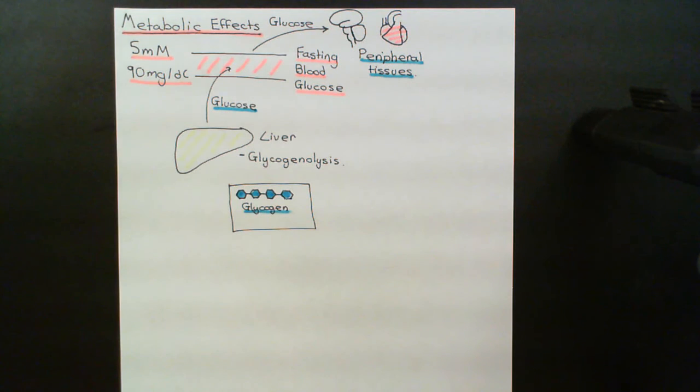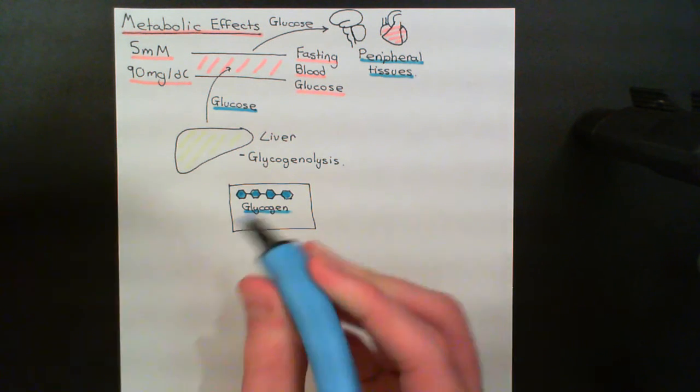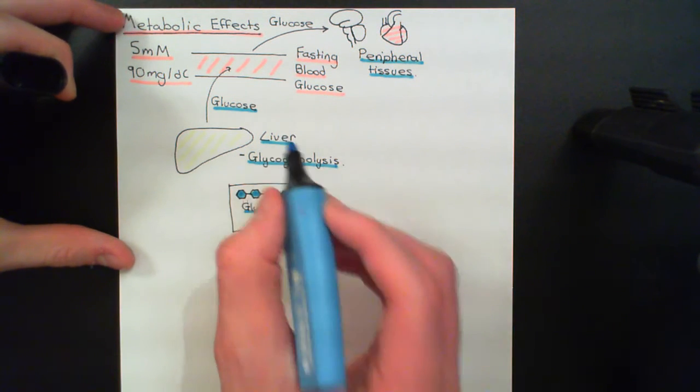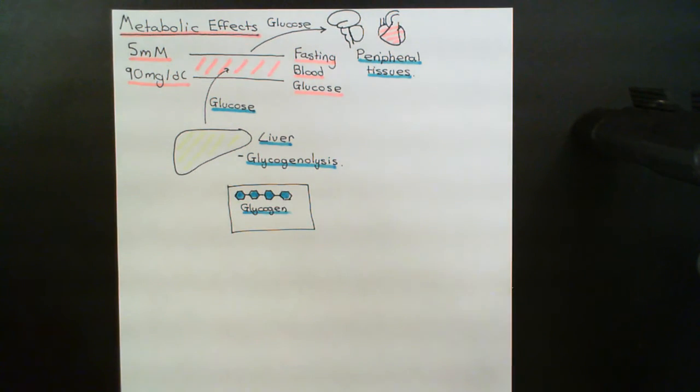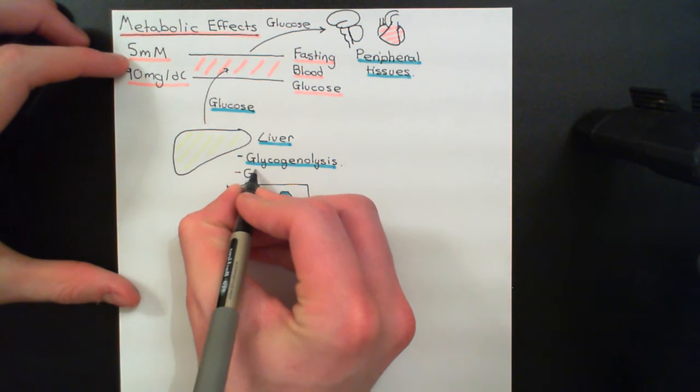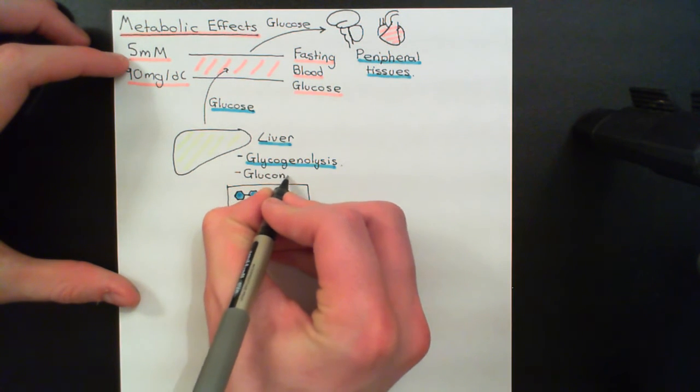So the hepatocytes of the liver can break down their glycogen polymers in the fasting state gradually and then release the glucose molecules into the bloodstream. So that's one of the ways that the hepatocytes are going to get glucose to release into the bloodstream. However, there is also another way, and this is known as gluconeogenesis.